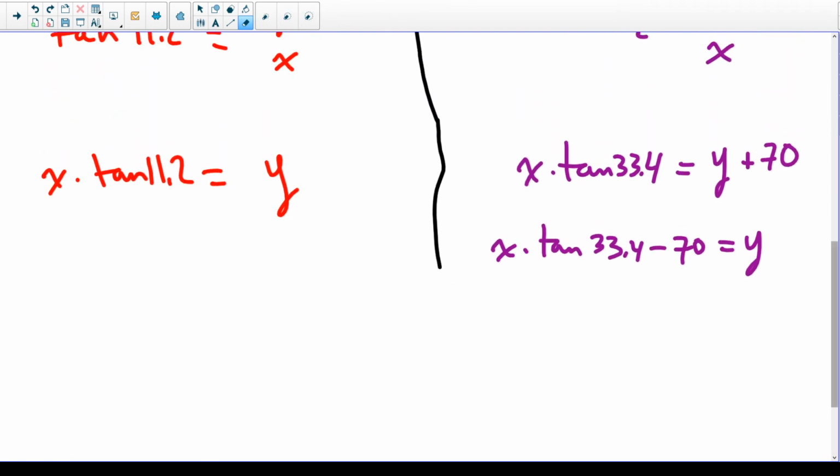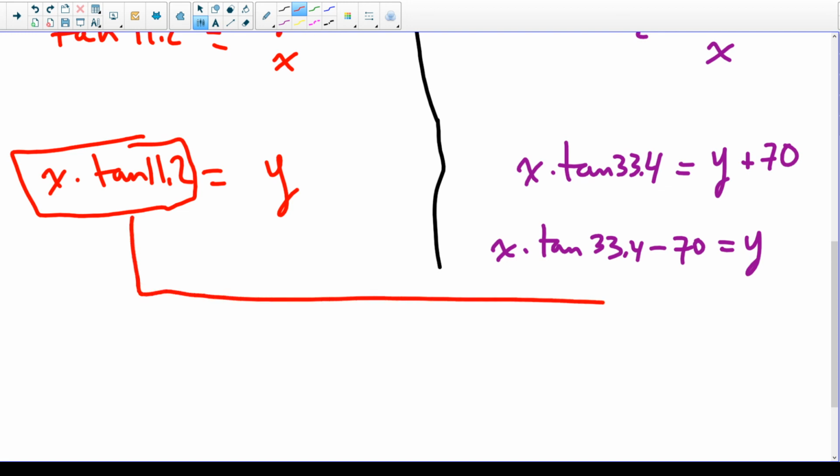There are two different ways of solving that style of a system. We can either use the substitution method or we can use the elimination method. Well, because I've isolated both y's, it's actually better to use the substitution method in this case. So what we're going to do is take x tan 11.2 and substitute it into the y of the second equation.